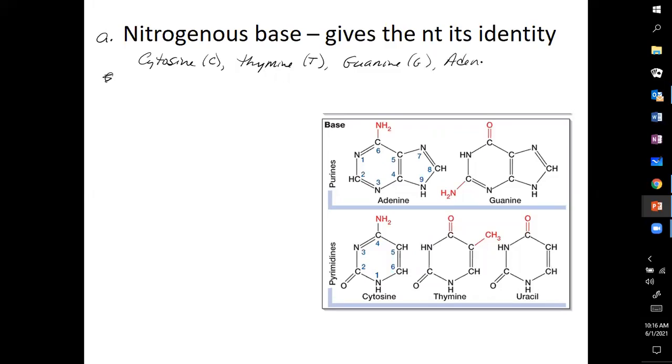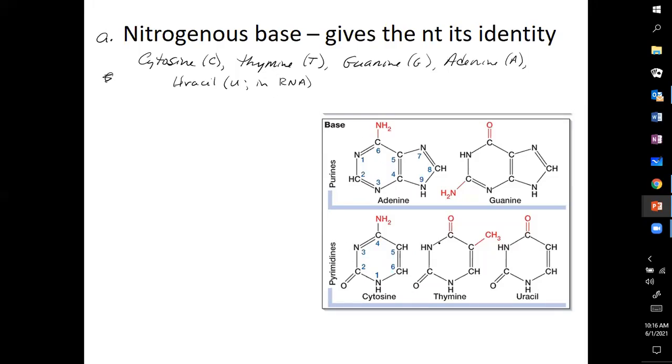Adenine, A. And not in DNA, but in RNA, there is uracil, U. I'm going to say in RNA nucleotides, not in DNA nucleotides. So here they are down here.